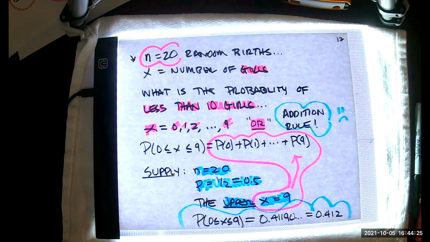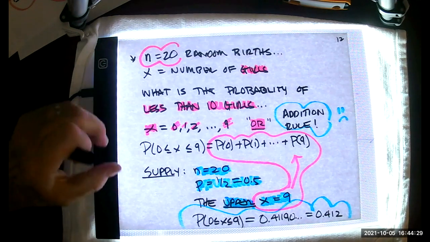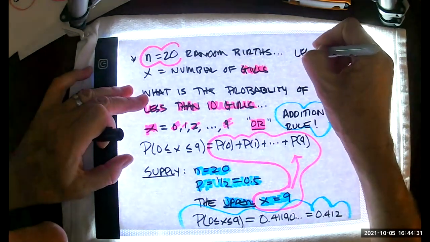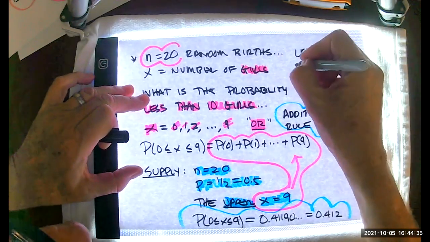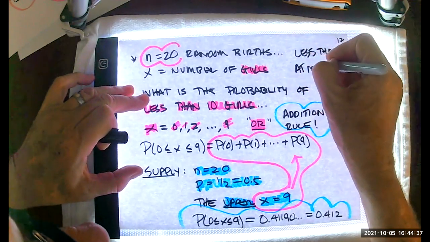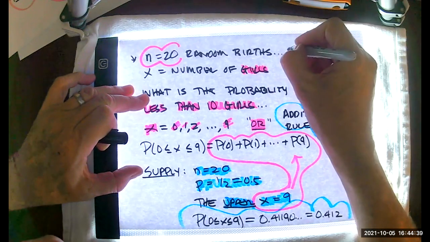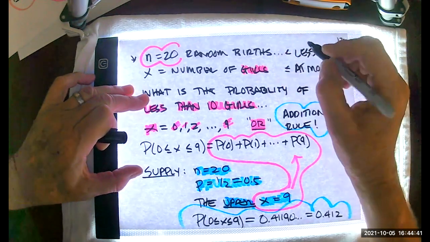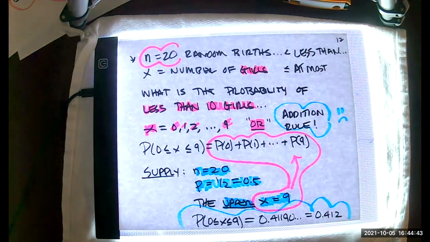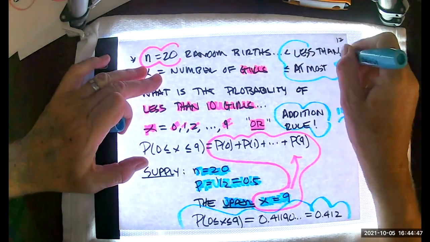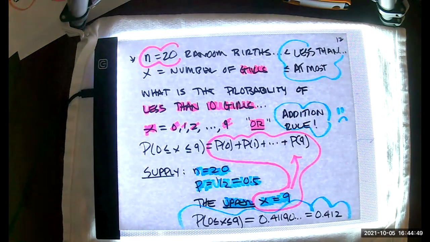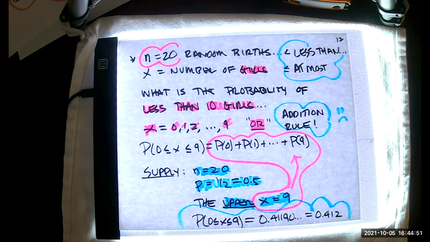That's the most basic type. The ones of these sums of many are for less than and at most. Less than is strictly less than. Less than or equal to is the at most. So the straightforward approach works well when that's the situation.